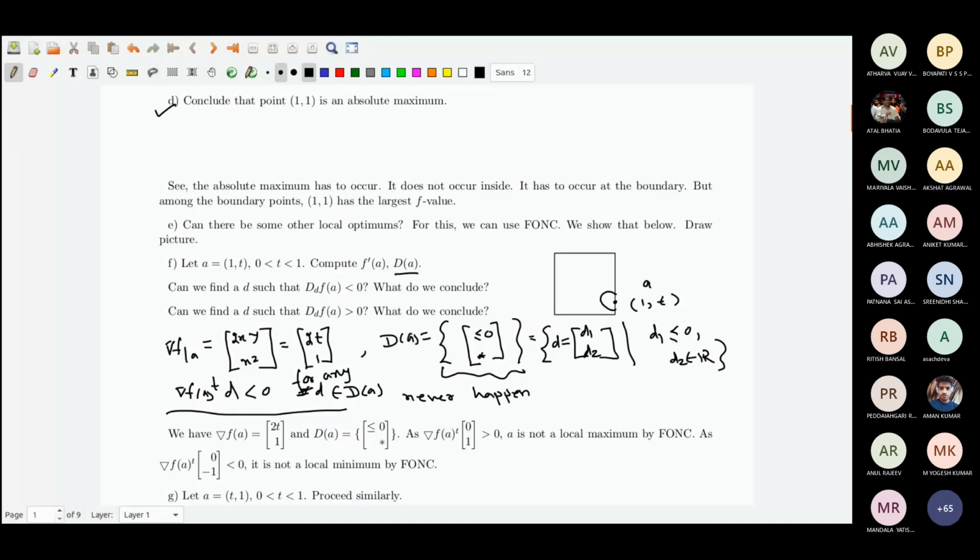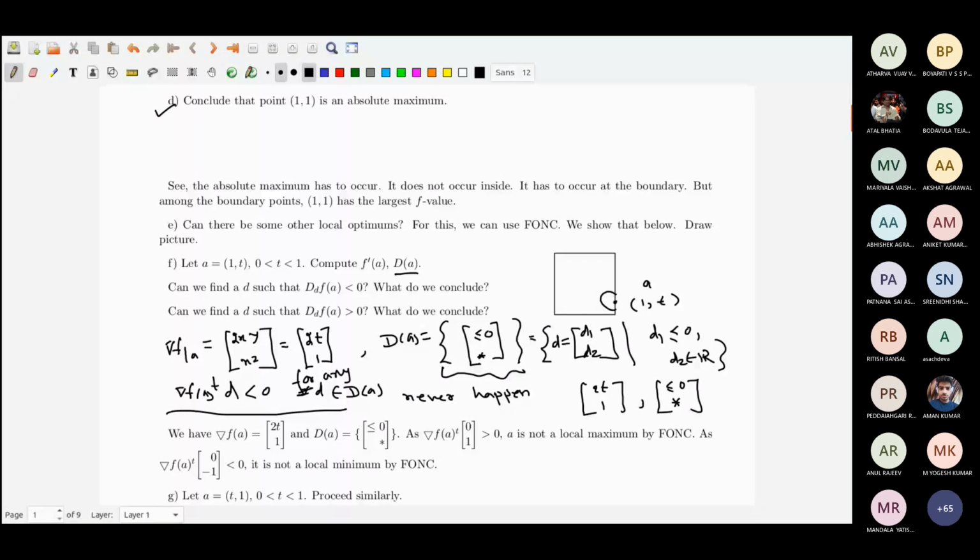So let's see, what do I have now? Compute this inner product, (2t, 1) with d, less than or equal to 0 star. Well, I can take the first coordinate to be 0, and a second coordinate star.